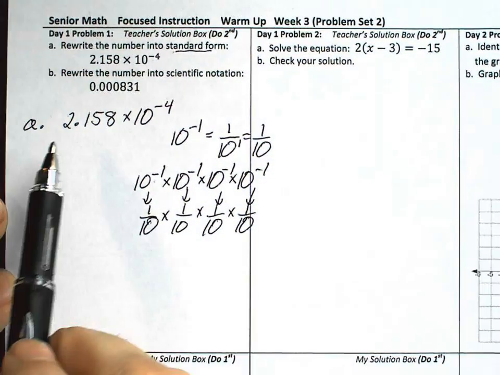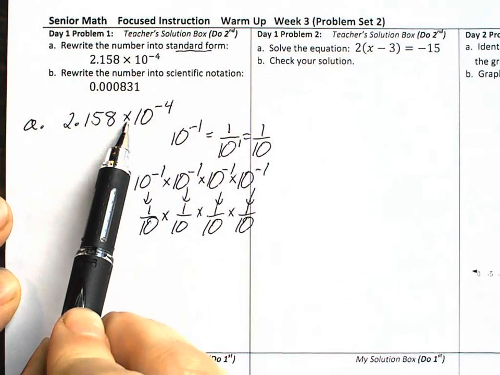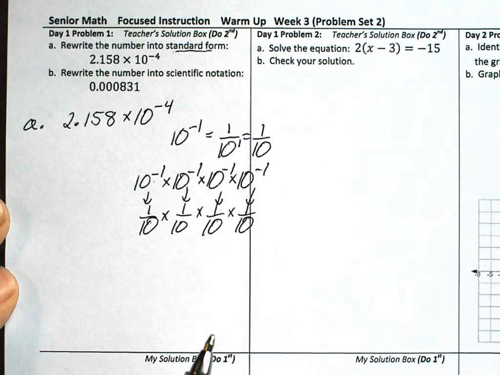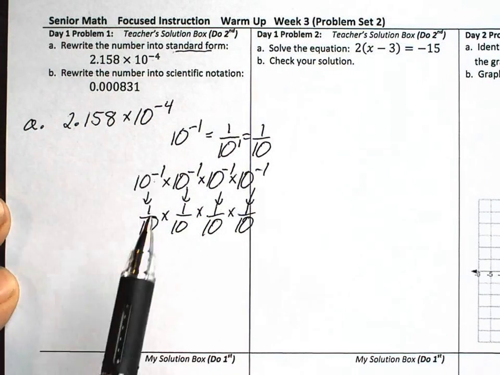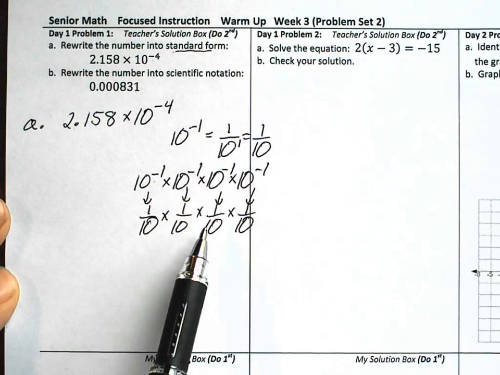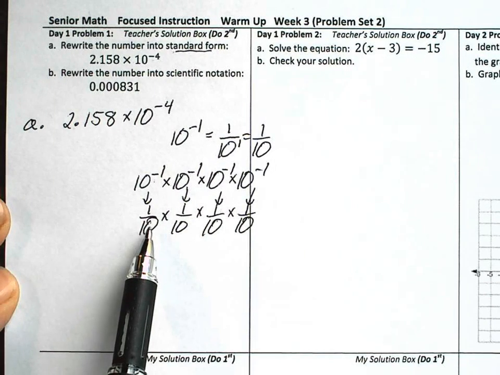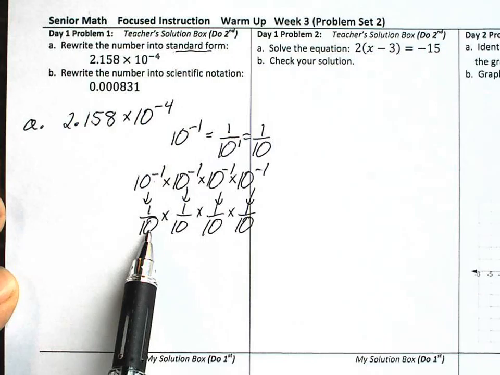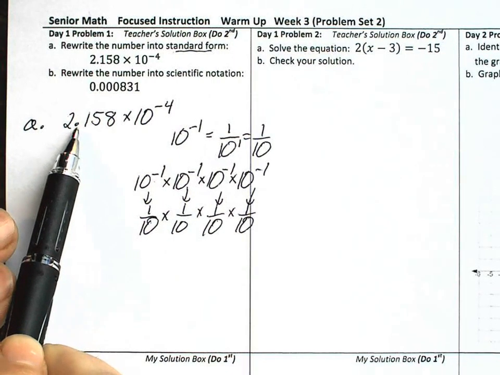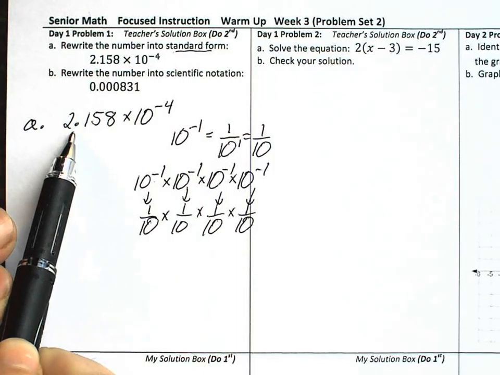So what's going on here when we have a number like 2.158 and we multiply by 10 to the negative 4 power, that's the same thing as multiplying this number by 1/10, and then again by 1/10, and then again by 1/10, and again by 1/10. Every time you multiply a number by 1/10, that has the effect of making the number smaller, only 1/10 as big as the original.